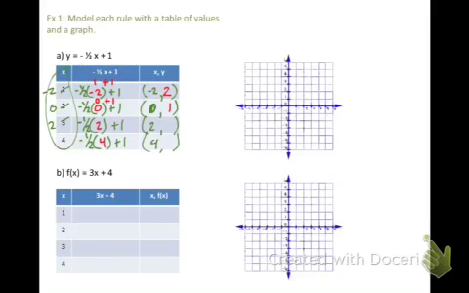Negative 1/2 times 2 is negative 1, plus 1, which equals 0. Negative 1/2 times 4 is negative 2, plus 1 equals negative 1. So I have my points to graph right here.